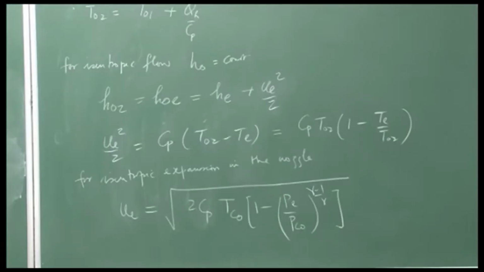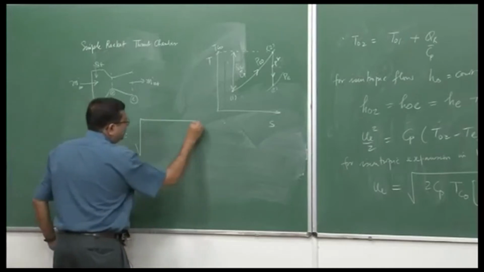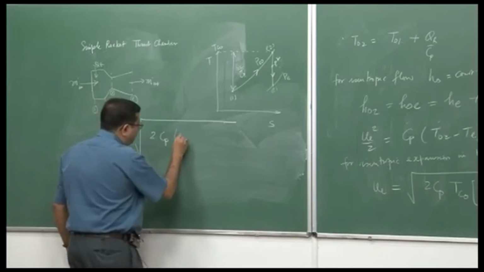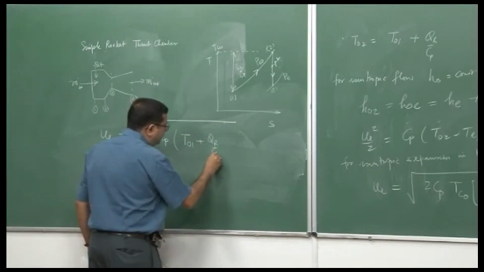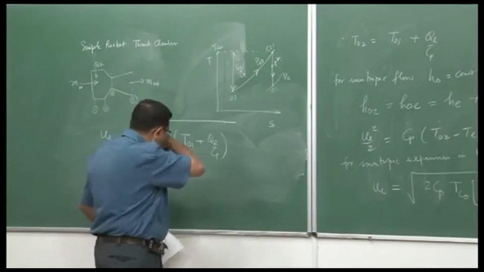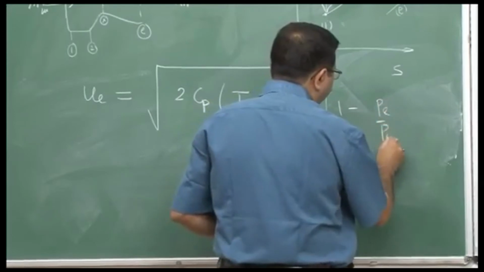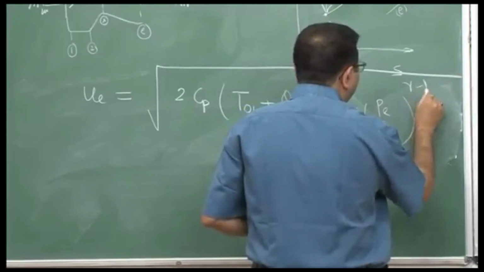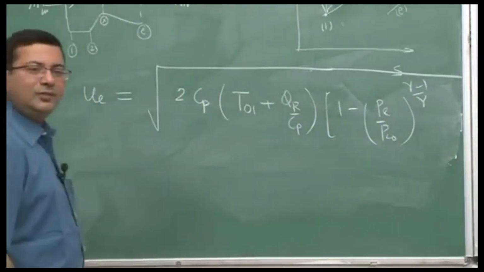So, if I do that, I will get the exit velocity is equal to square root of 2 Cp (T01 plus Qr upon Cp) (1 minus Pe upon Pc naught) to the power gamma minus 1 by gamma. Okay.